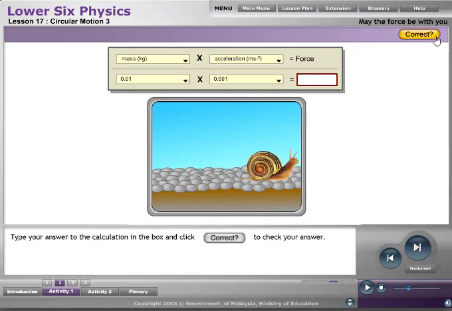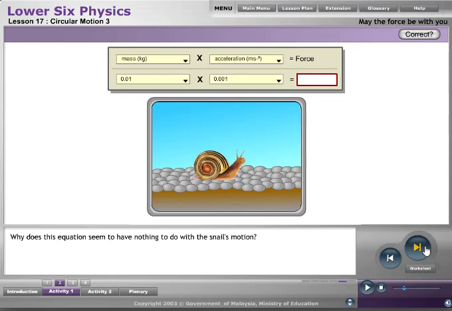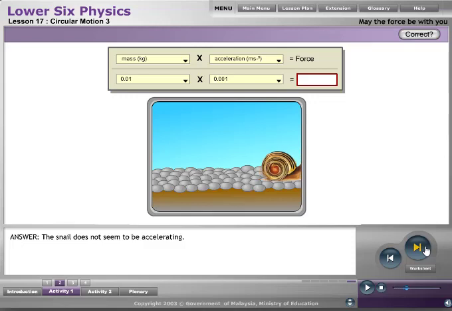Type your answer to the calculation in the box and click the Correct button to check your answer. Why does this equation seem to have nothing to do with the snail's motion? Answer: the snail does not seem to be accelerating.